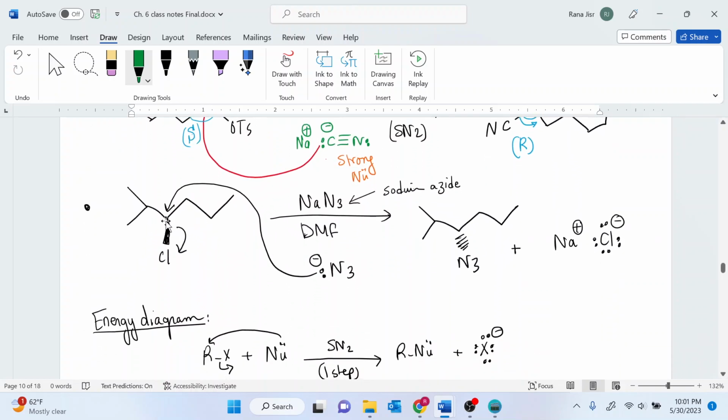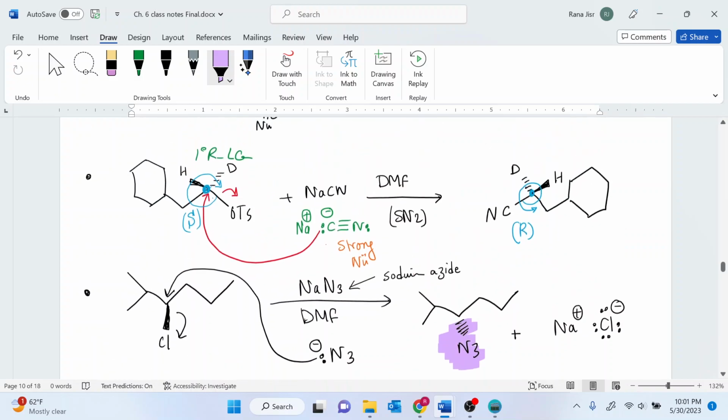This is another example. Your leaving group is in front, then the nucleophile is going to attack from the back. Again, when your leaving group is in plane, then you have to rotate the whole thing and make your nucleophile be in plane, but it needs to be on the opposite side.